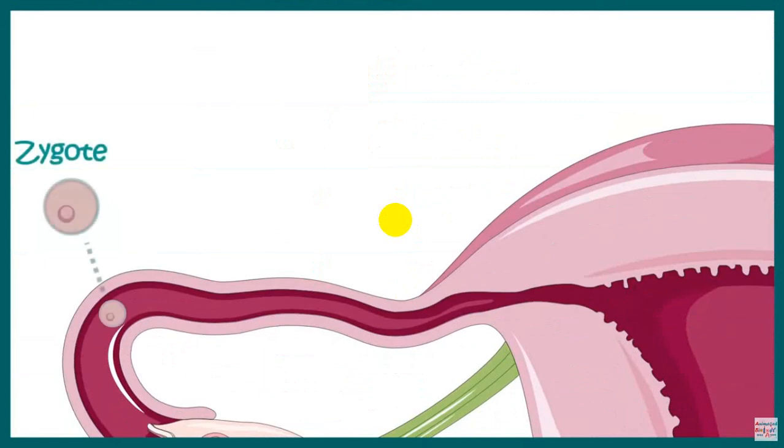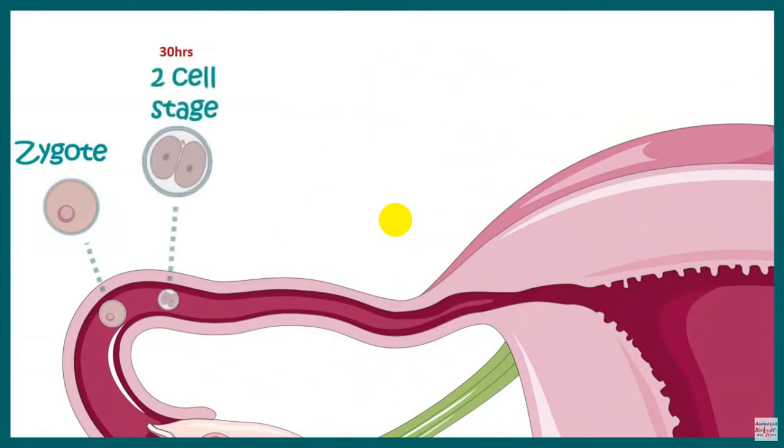Now, after the formation of the zygote, if we wait for 30 hours, the cells would divide. A cleavage furrow would run through the entirety of the cell, dividing it into two individual cells. This is the process of cleavage, and it results in the formation of the two-cell stage.